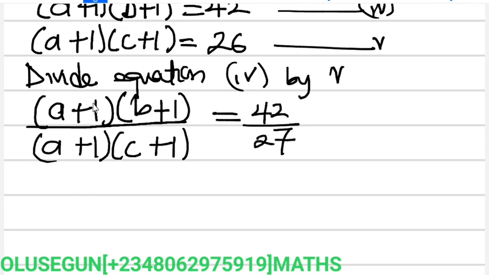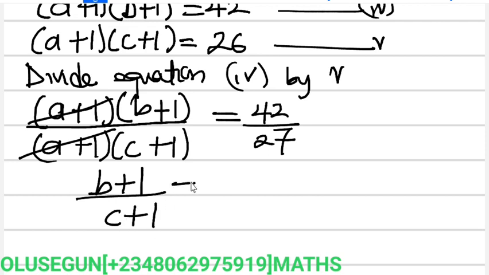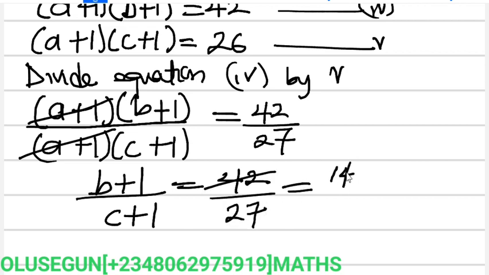We cancel a plus 1, and we have b plus 1 over c plus 1 is equal to 42 over 27, which simplifies by 3 to 14 over 9.